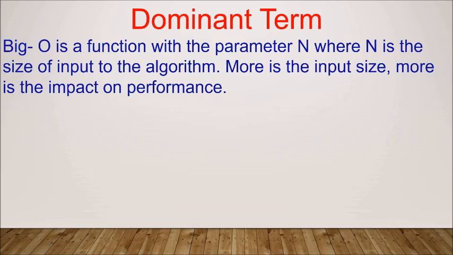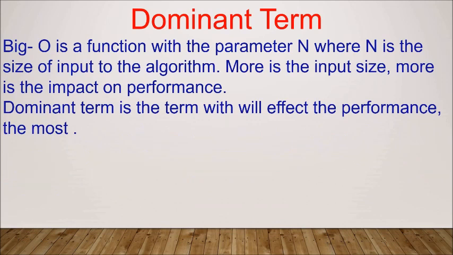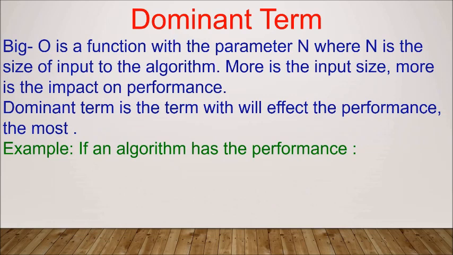The more the input size, the more the impact on performance. As I already told you, if big O notation is n, the time needed will be less. If it is n square, then the time needed will be more. The term which affects the performance the most, if the weight of the term is maximum, is known as the dominant term. So using that dominant term only we will get our big O notation result.